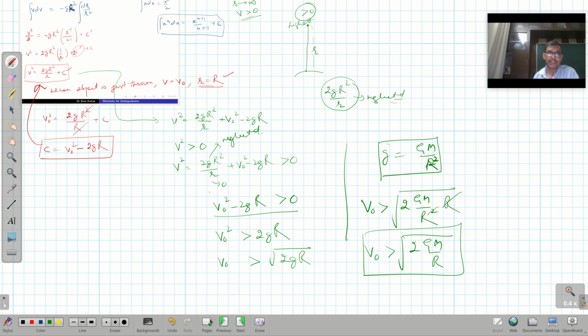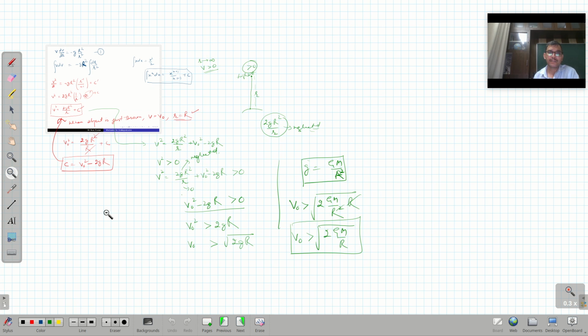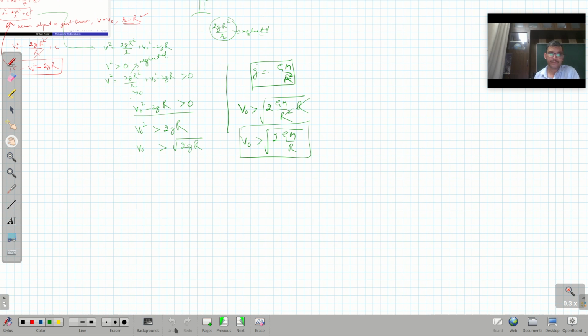And if we look at a little bit more algebra here, this capital G is the gravitational constant, and its value is 6.67430 into 10 raised to power minus 11 meter cube per kilogram per second square.